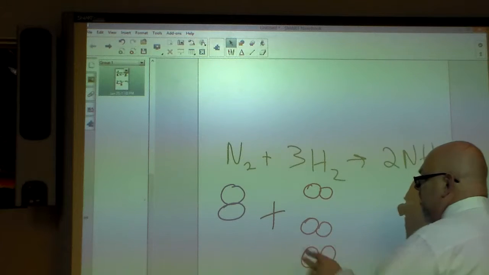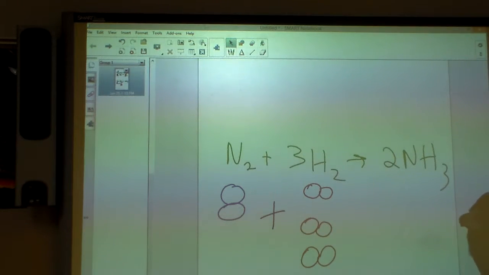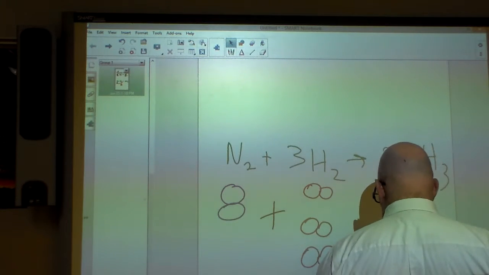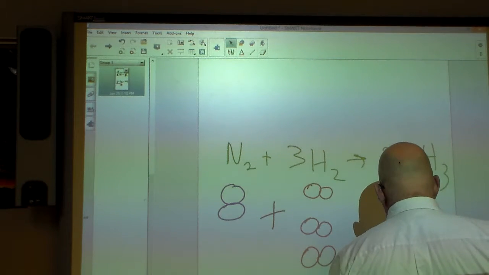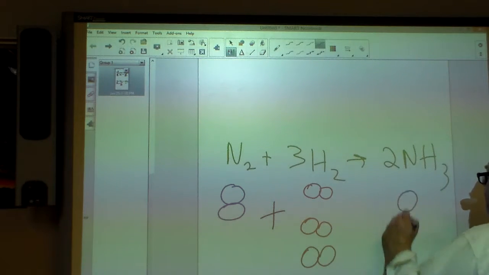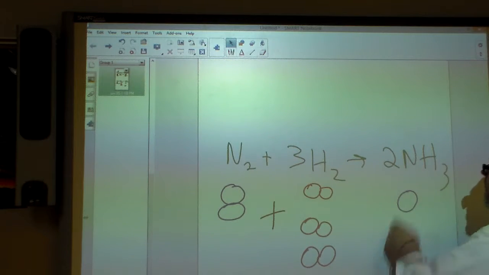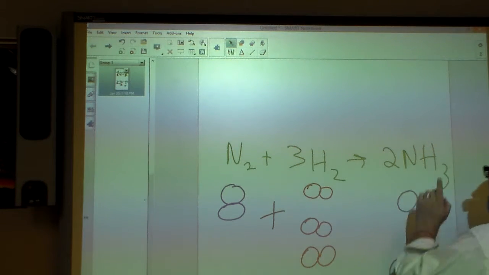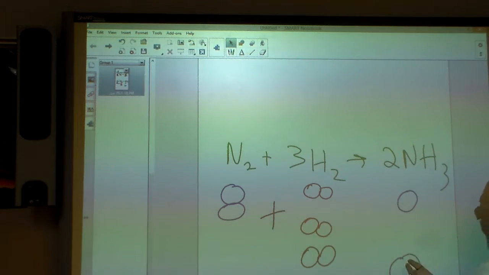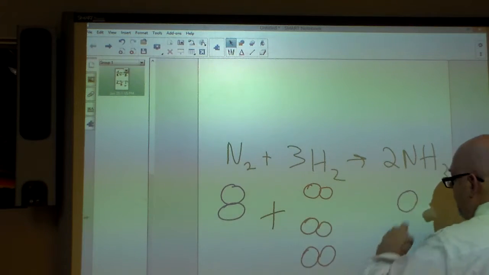Now notice the coloring that I am doing for this. In the end, what are we getting? Well, we're going to have 2 separate, distinct molecules, right? Each molecule will contain 1 nitrogen, so this breaks up.